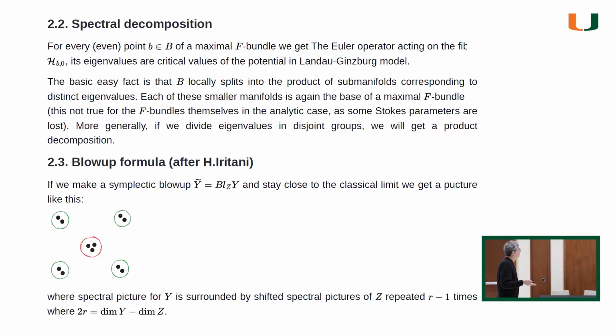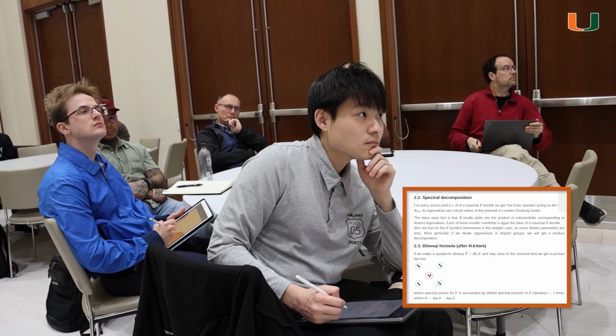Each of them again will be a base of a maximal F bundle, if you have this maximal bundle story, and it's not true in the analytic case because some Stokes parameters of this simplification will be lost. But for the base it gets the product structure, and also you can divide again as a group, also get product decomposition.